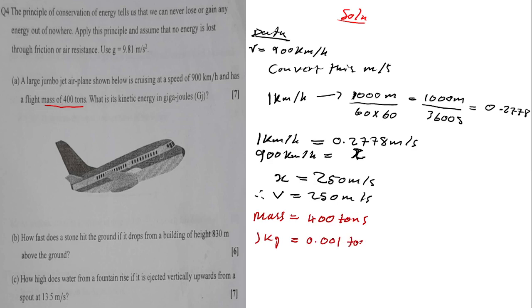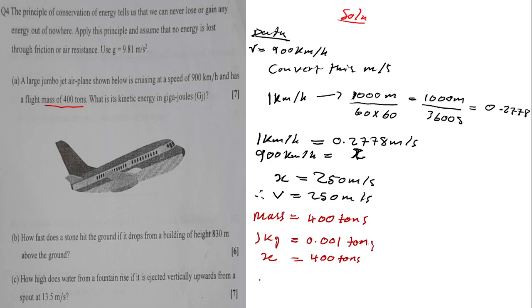With that information, you put the unknown amount of kg as x, and on this side you put the tons which you have been given, which is 400 tons. From there you can cross multiply.